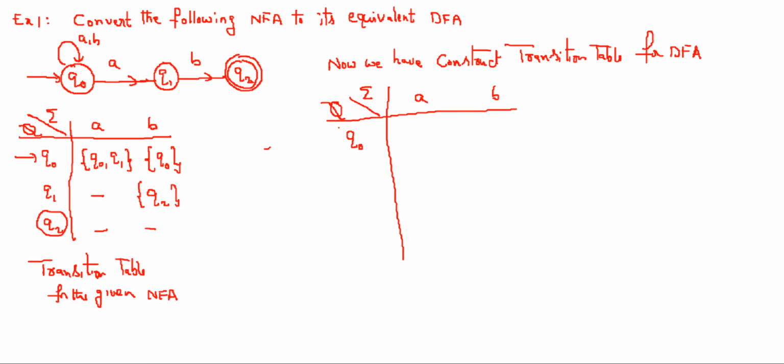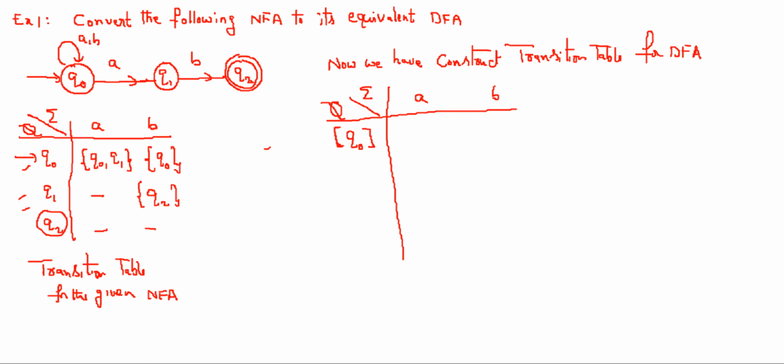So to make a difference, in order to avoid the confusion between NFA and DFA, in DFA I will show my states with square brackets. It is just a notation to avoid the confusion between NFA states and DFA states. NFA states are represented like this and DFA states are represented like this.